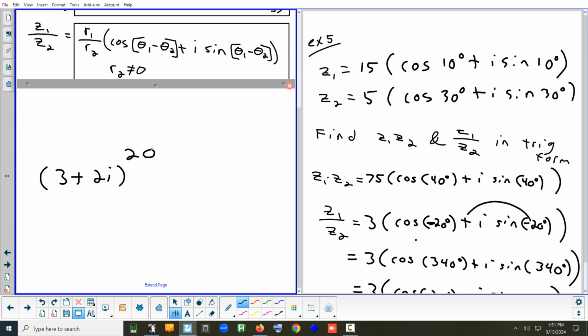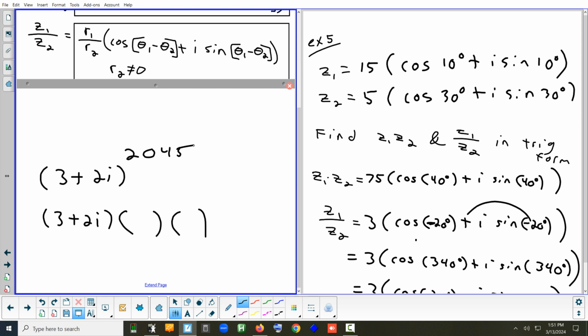Now, 3 plus 2i to the 20th power means to write 3 plus 2i 20 times, and then you'd have to FOIL all that together. Well, it's not really doable. I mean, if you think that's doable, then okay, you can do that. You're not doing that by hand.